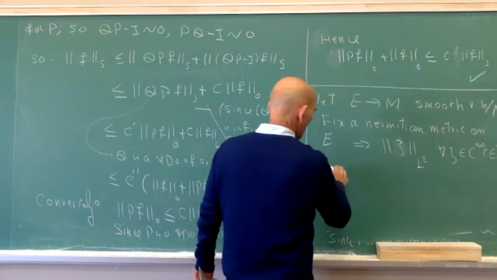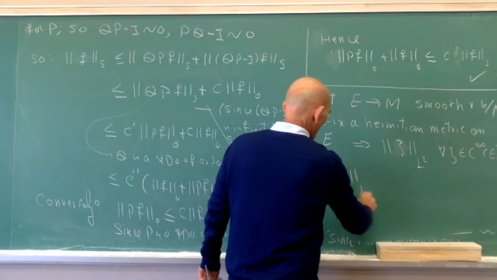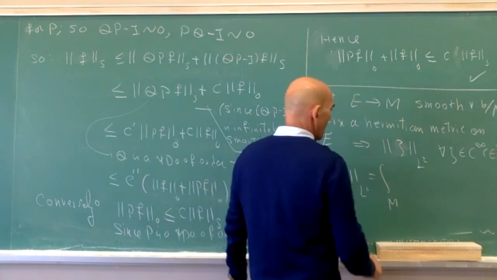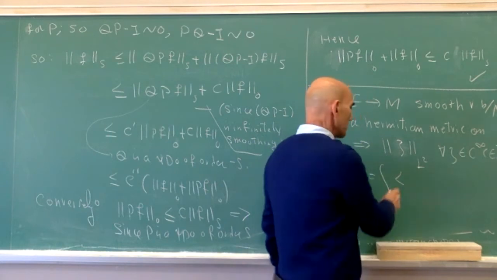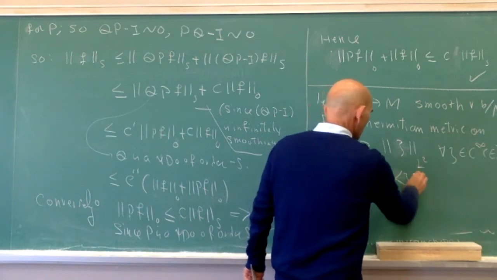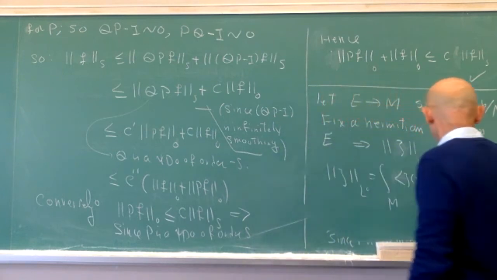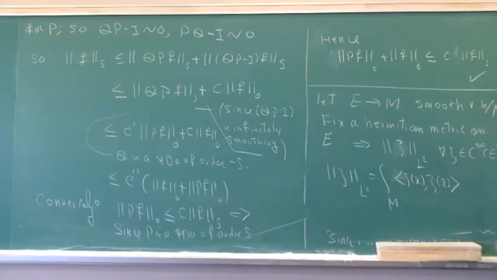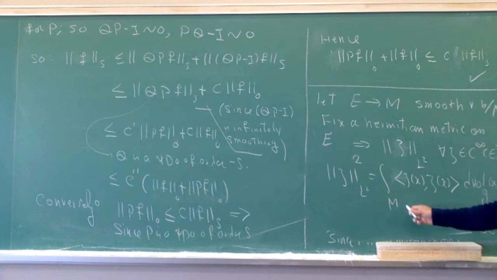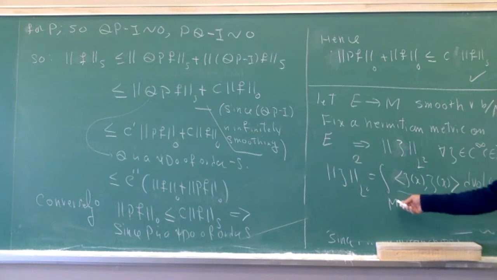You can fiber-wise take the inner product of psi(x) with itself, square it, and then you do d volume g of x and integrate over M. So we are doing fiber-wise norming, you get a scalar function, and then you multiply with this volume function.